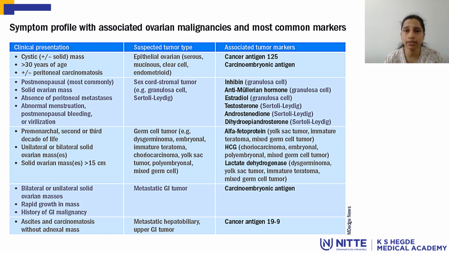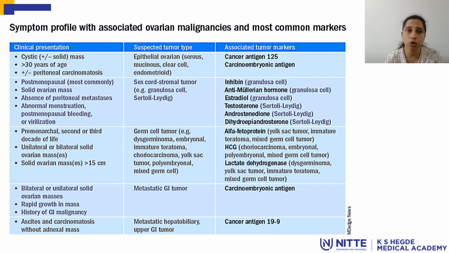So you can pick the tumor marker which should be analyzed based on your DDs depending upon the clinical presentation. Suppose the mass is cystic with a few solid areas and it is seen in above 30 years age group, and if there is some peritoneal mets, you will be suspecting epithelial tumor. So the markers will be CA125 or CA19-9 or carcinoembryonic antigen.